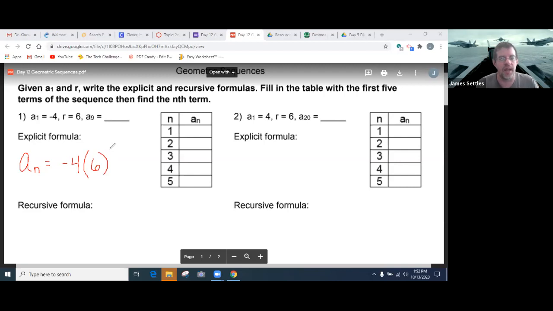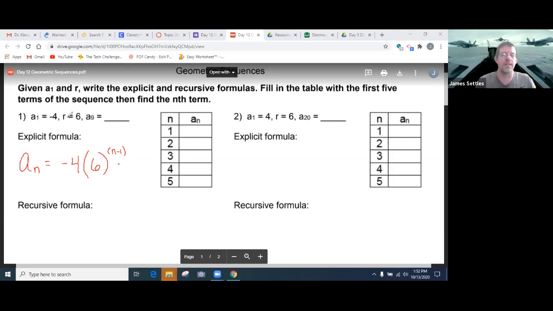And then we have n minus 1. Because the Desmos has to have these parentheses, we're always going to put parentheses right here. All right, so this is the explicit formula for geometric. And I know this is geometric because it gives me an R here.